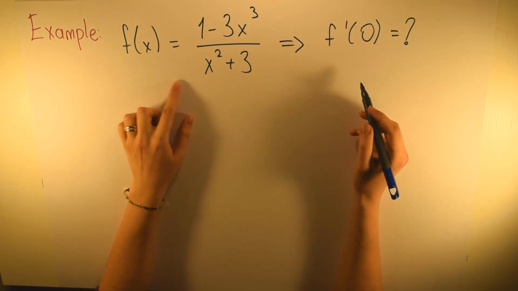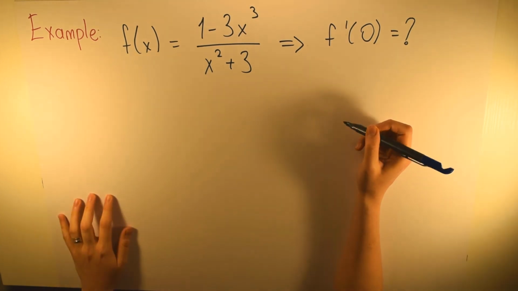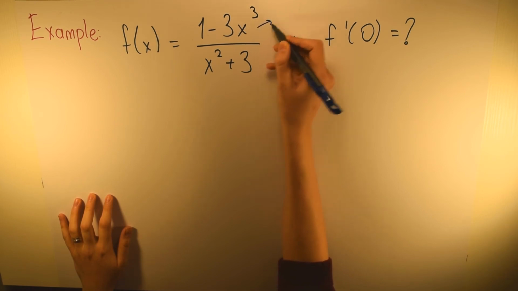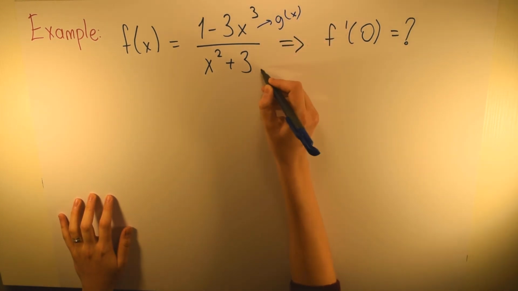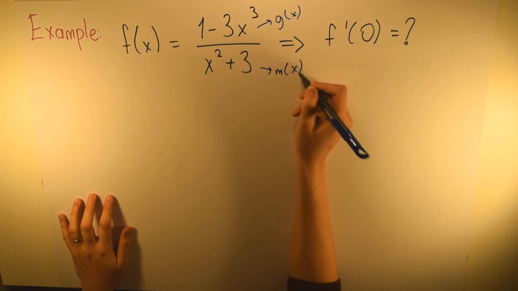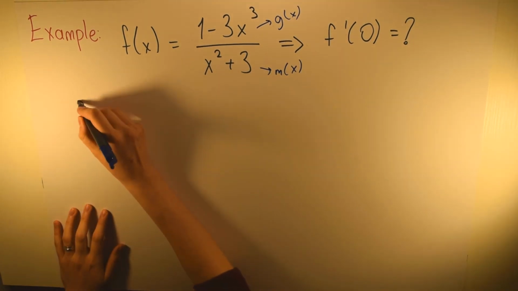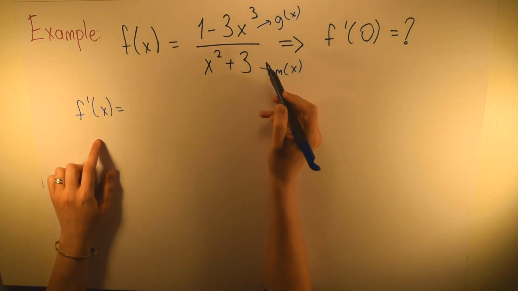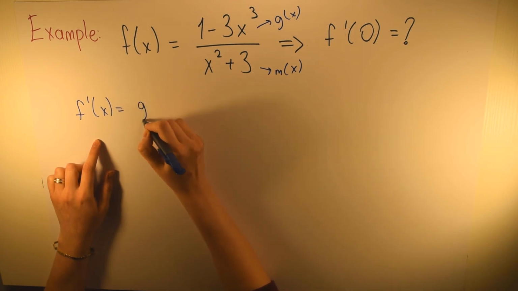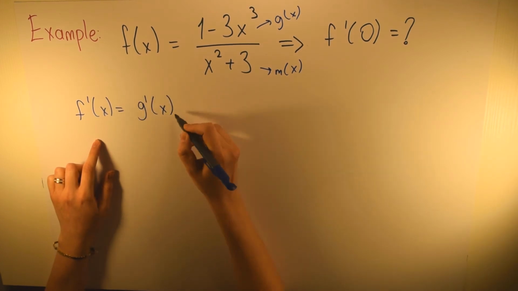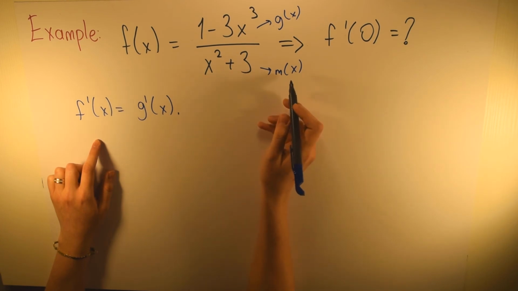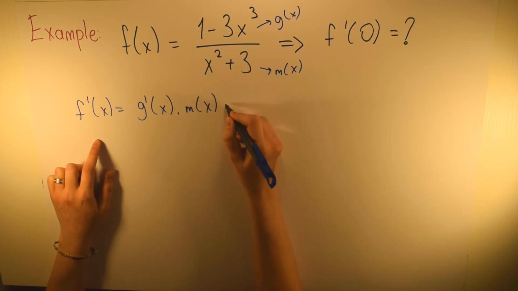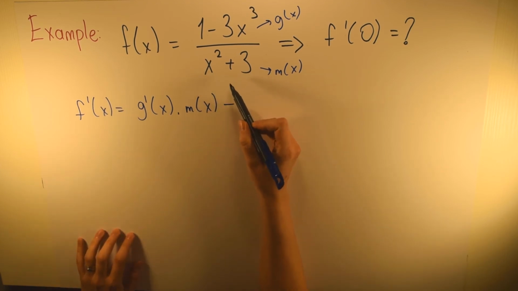So first we will find the derivative of f of x, right? So we have here division. So let's say this one is g of x. Okay, this is our m of x. So how was the formula? It is equal to the derivative of the numerator first, the derivative of g of x here, times the denominator m of x, right, minus the derivative of the denominator.